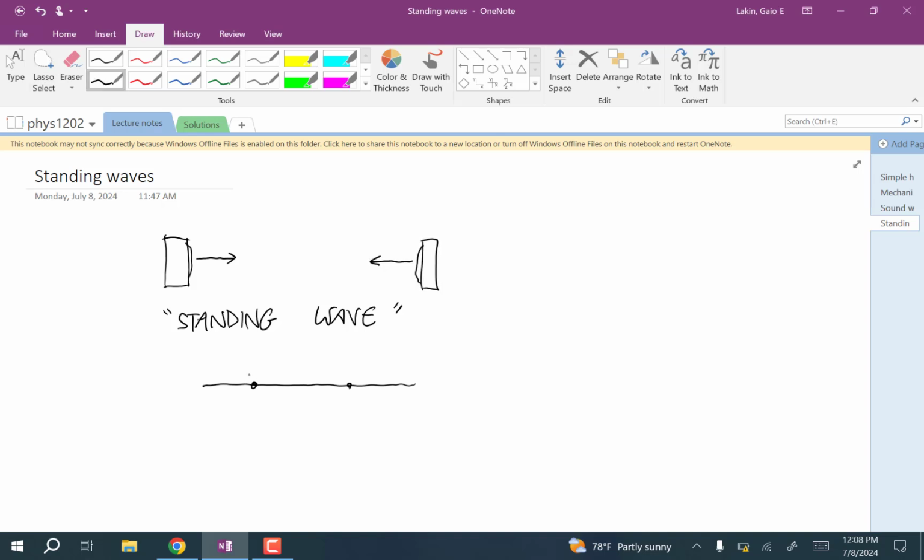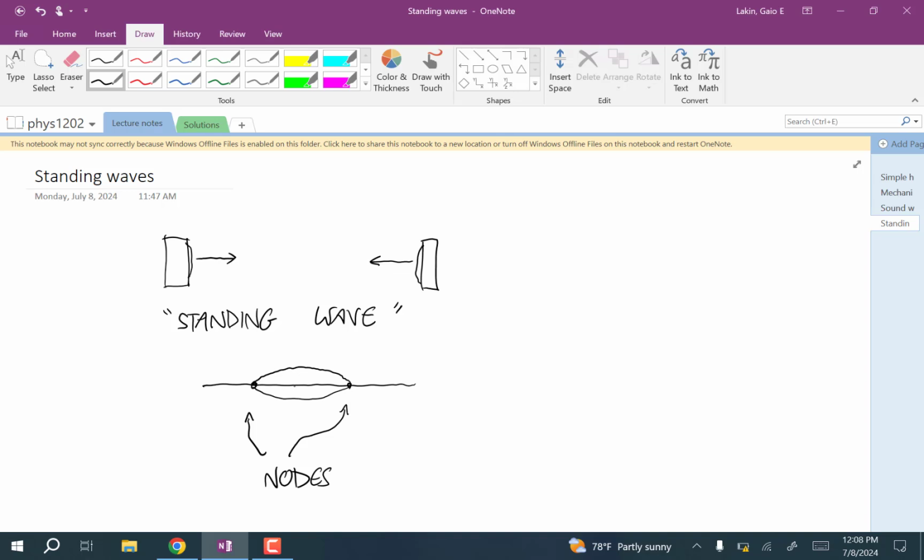And if you track the motion of this wave in between, what you're going to have is these two nodes. Well, it's not necessarily two, but I'm just illustrating an example of what can happen. And you'll have a wave that oscillates inside an envelope between the two nodes.